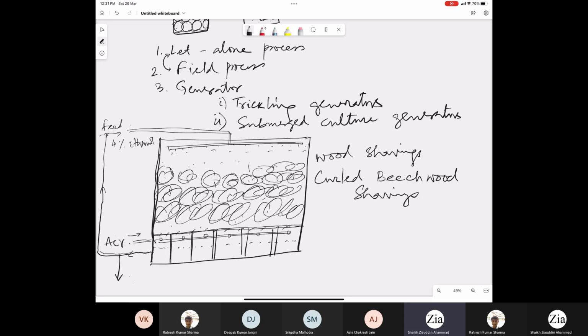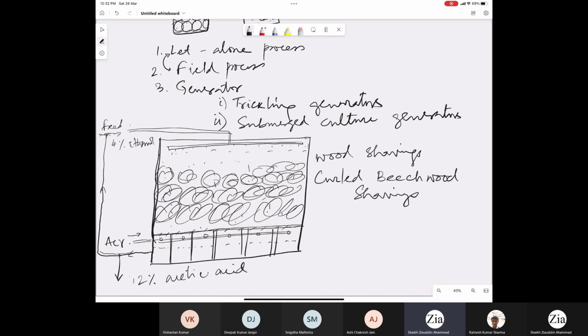And at the end, from the bottom, we'll try to get around 12% acetic acid and some residual ethanol concentration. So this feeding is intermittent feeding. You're not continuously feeding. First you charge with the fresh feed, then you just keep on recycling the liquid.